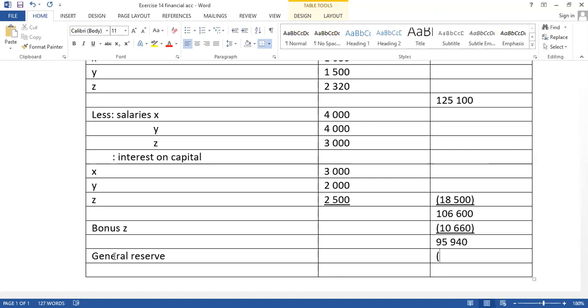How much will be our general reserve? 95,940 times 20%. 19,188. Yes. Okay.